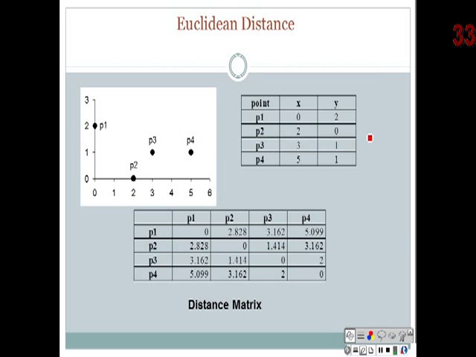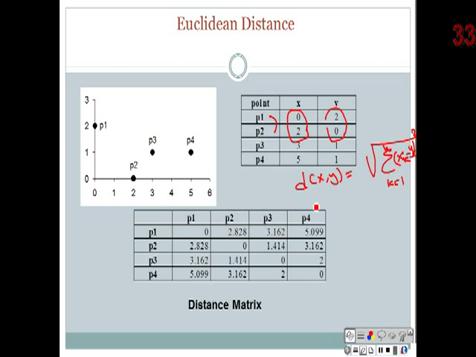If you want to calculate, for example, between P1 and P2, you are taking the x's and the y's, so you are saying d(x, y) equals, let us bring the original equation, the square root of the sum, k equal to 1 to n, of (xk minus yk) squared.